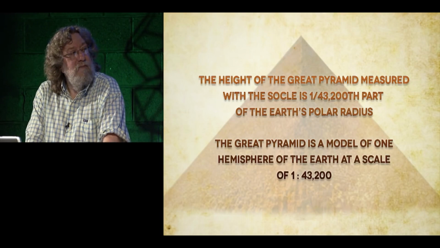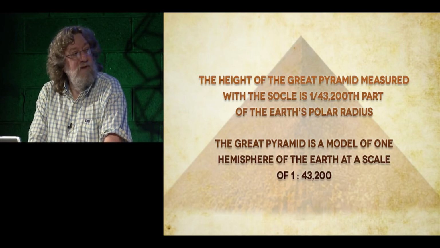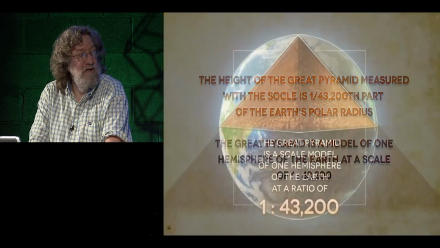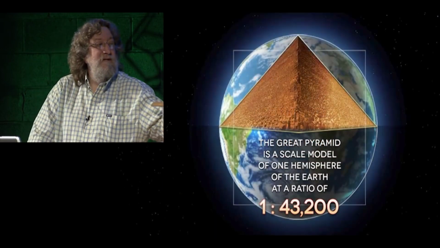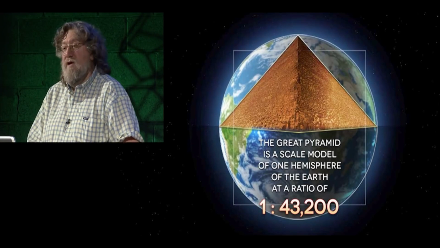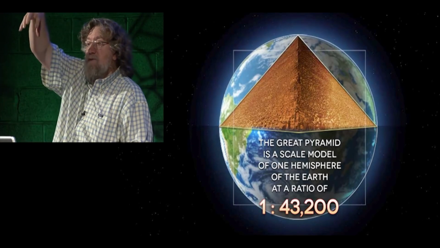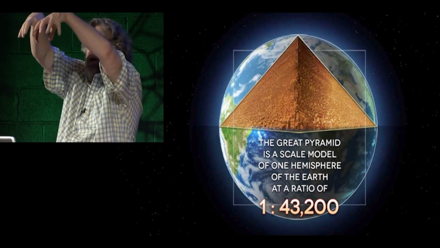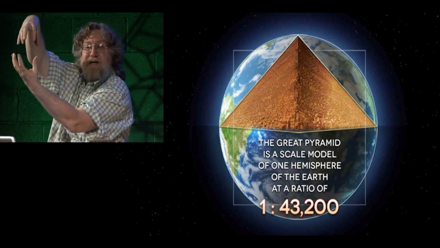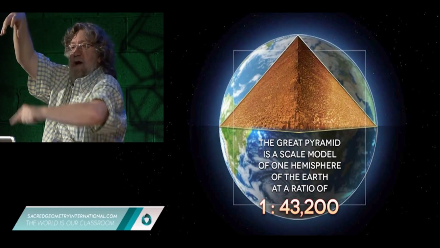And so the height of the Great Pyramid measured with the socle is 1/43,200th part of the Earth's polar radius. Therefore, the Great Pyramid is a model of one hemisphere of the Earth at a scale of 1 to 43,200. If we took the Great Pyramid, created a duplicate, turned it upside down and put the two together base to base, that would give us the polar diameter.